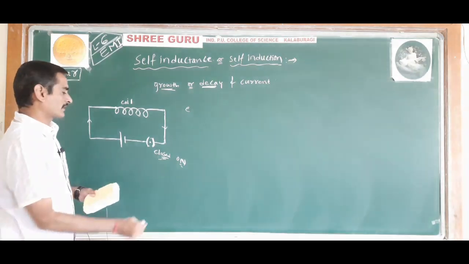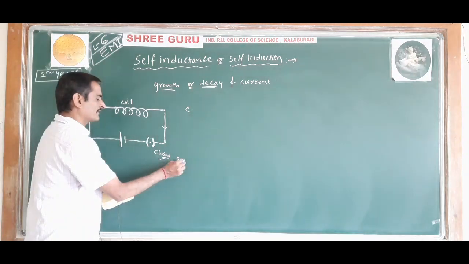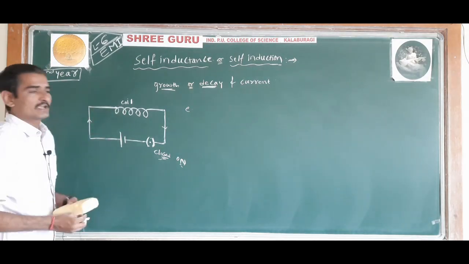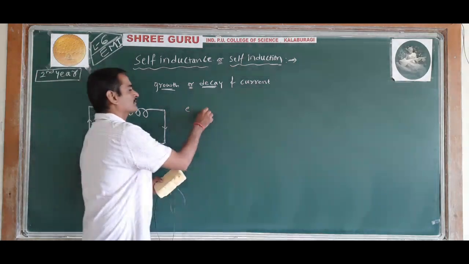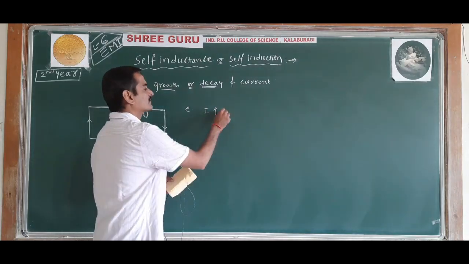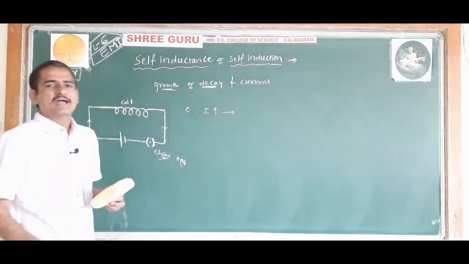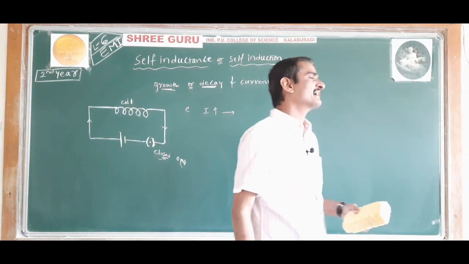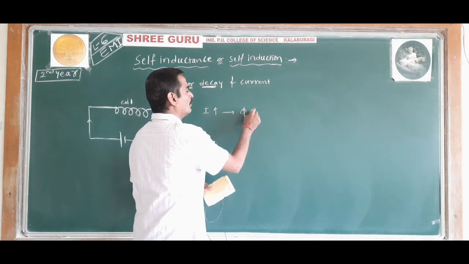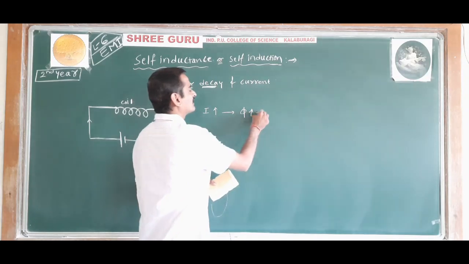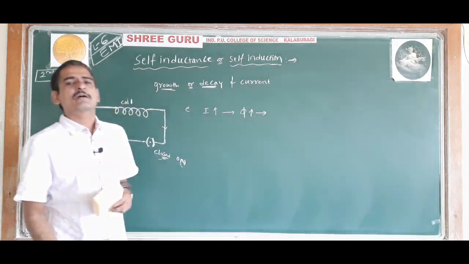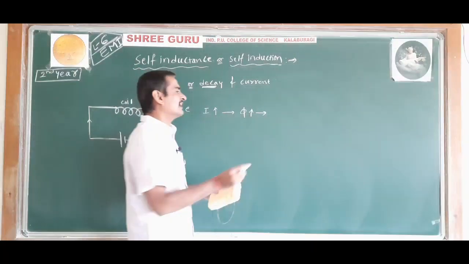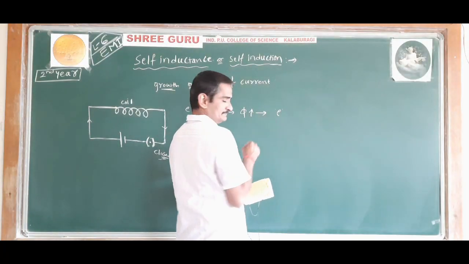Open means off. When the plug key is closed, that is, it is made on, the current flowing through the coil increases. So due to this, the magnetic flux linked with the coil will also increase. As a result of this changing magnetic flux, an EMF is induced in the coil.